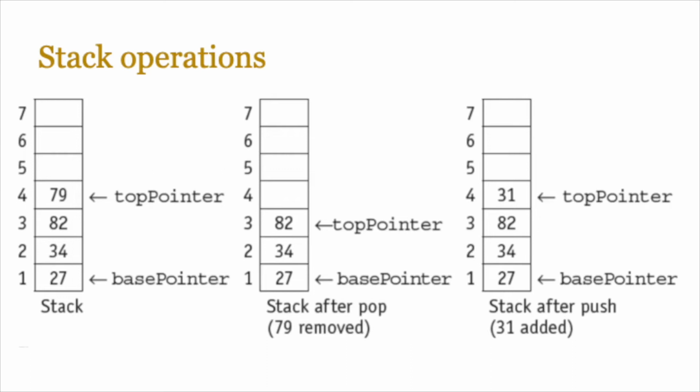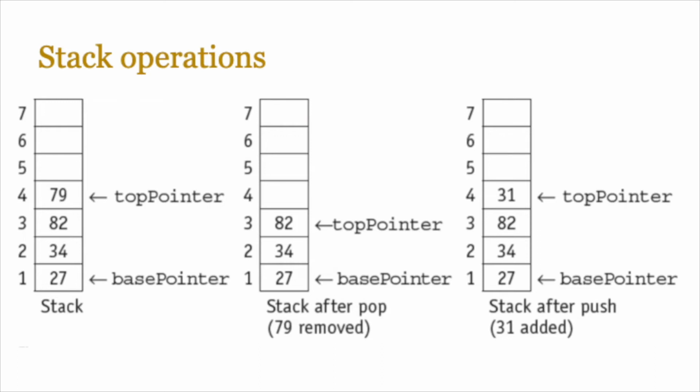In an exam question, you're going to be given similar diagrams where the base pointer is probably going to be pointing at index 1 and the top pointer is pointing at index 4. So if you want to remove the value associated with index 4, which is value 79, then we're going to use an operation called pop, where we move the top pointer to 82, which is index 3.